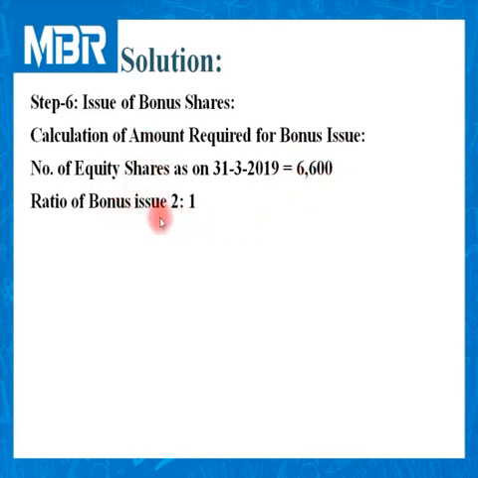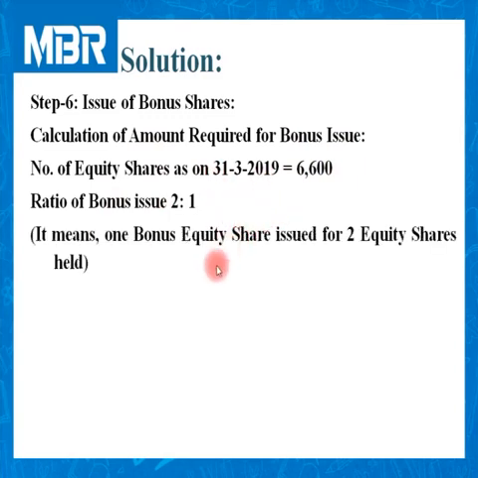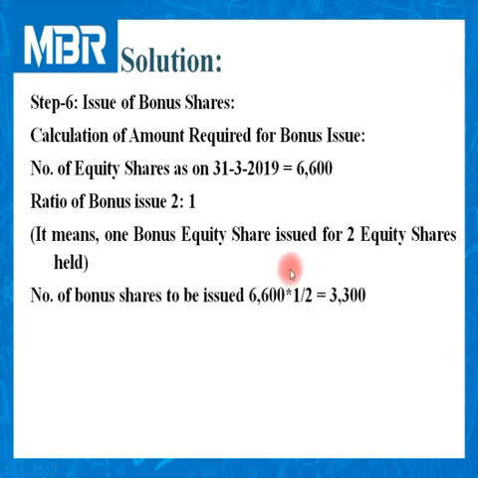The ratio of bonus issue is 2:1. It means the company has to issue one bonus share for every two equity shares held. It means if you have two equity shares, the company will offer you one bonus. So in this pattern, we can calculate number of bonus shares to be issued by the company.